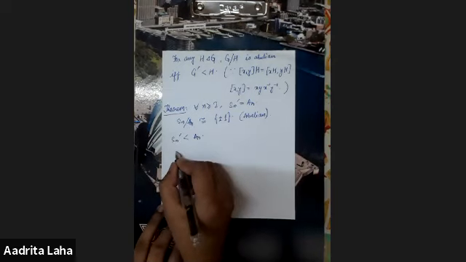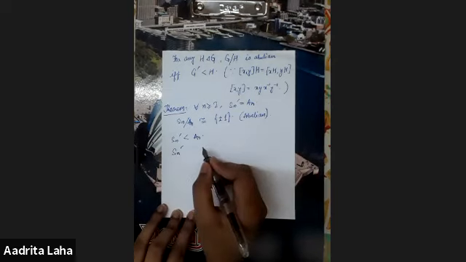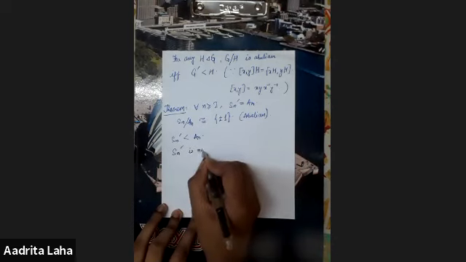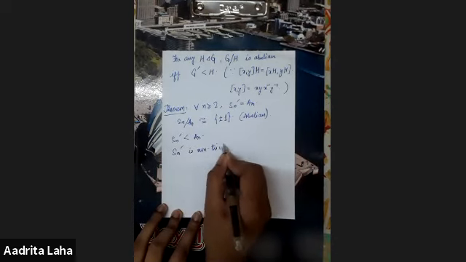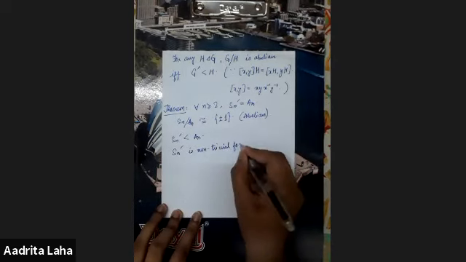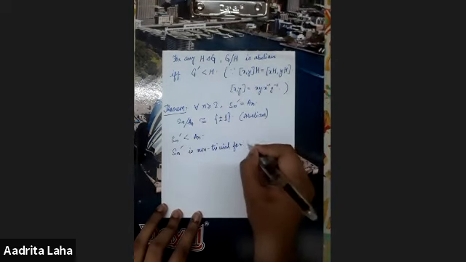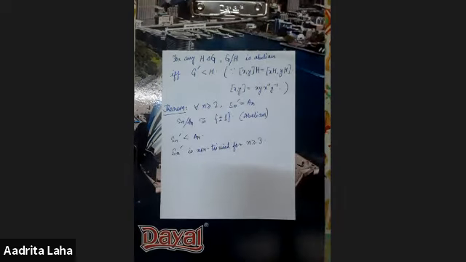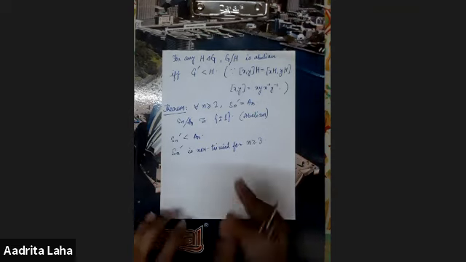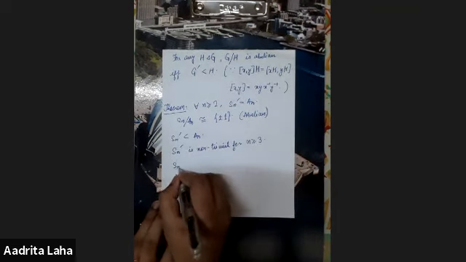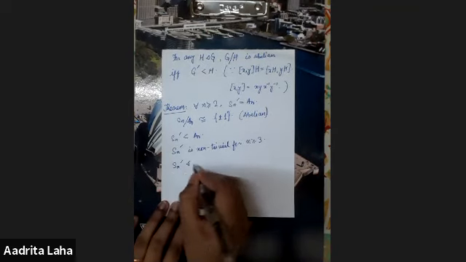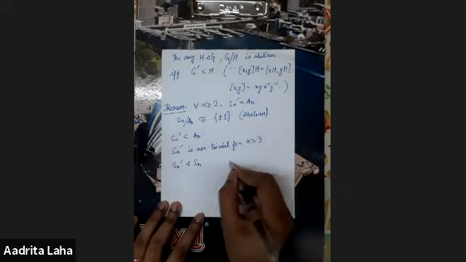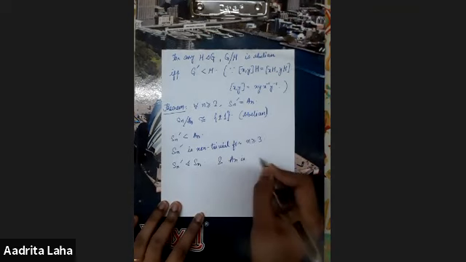And next we have Sn prime is non-trivial for n greater than or equal to 3. So why is this? This is because of the easy fact that S3 and above are not abelian, and Sn prime is normal in Sn, and An is simple.